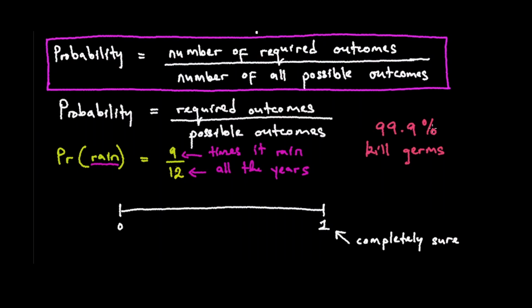So if you are completely sure the probability is 1. For example, if today is Tuesday, the probability that tomorrow is Wednesday is 1. But what we cannot be sure of is that tomorrow will come. What if everything ends today?